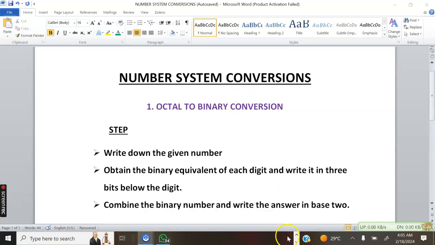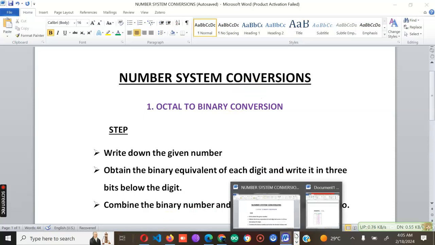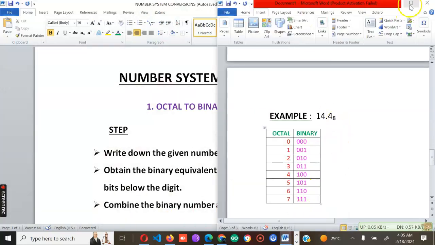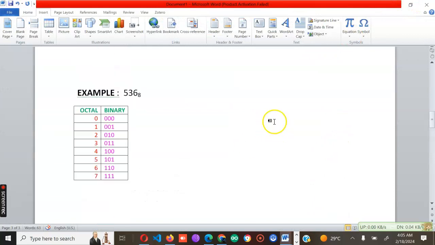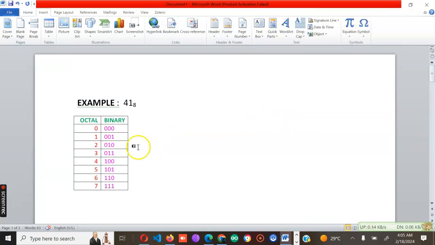Okay, let's move to the actual example. So this is my example where we have 41 base 8. So this is an octal number and we need to convert it to a binary number. Remember the rules.